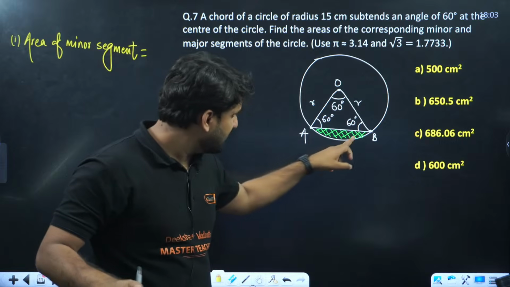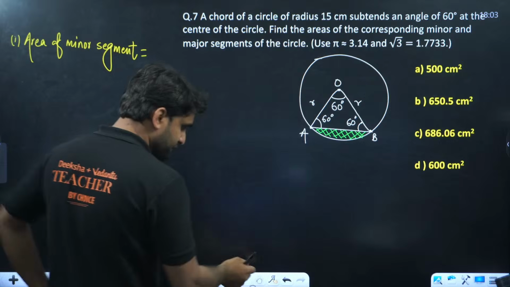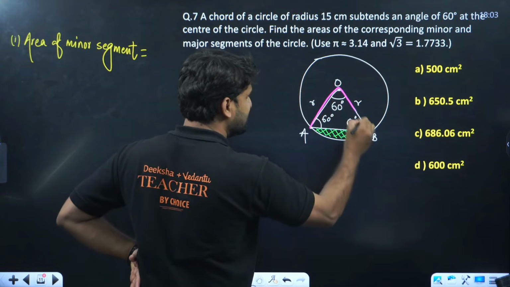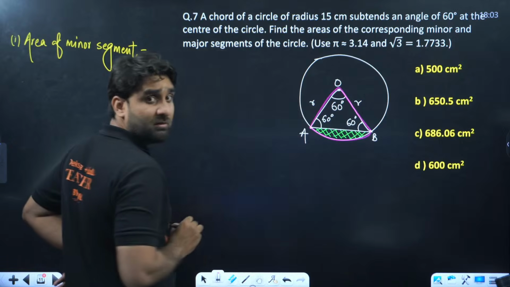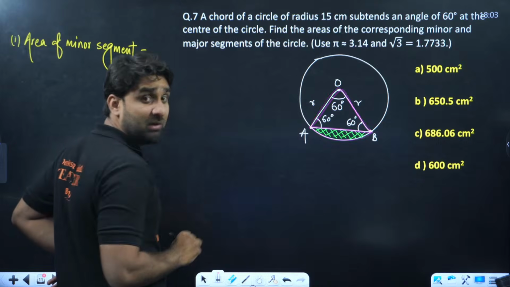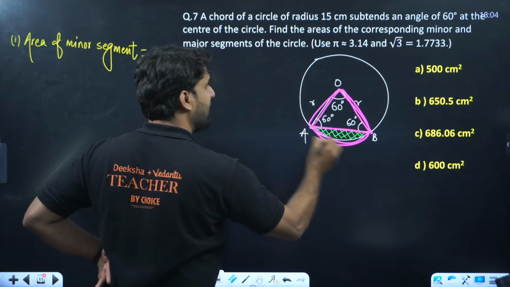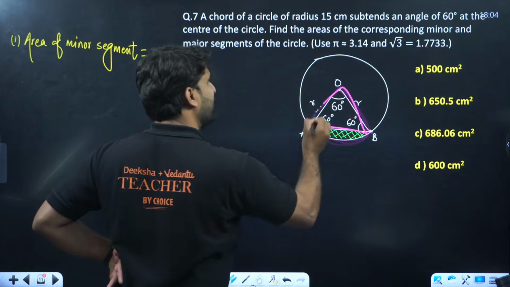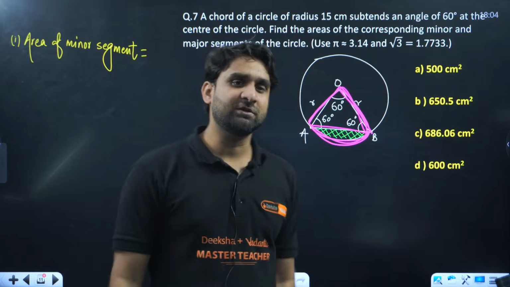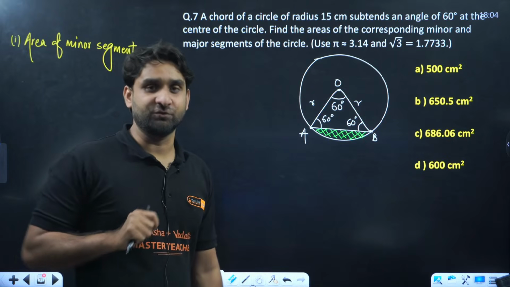We can calculate the area of this entire sector, minus the area of this triangle, which is equilateral. Area of entire sector minus area of triangle gives the area of the minor segment. This is the path. Deciding the path is the first work for the students.